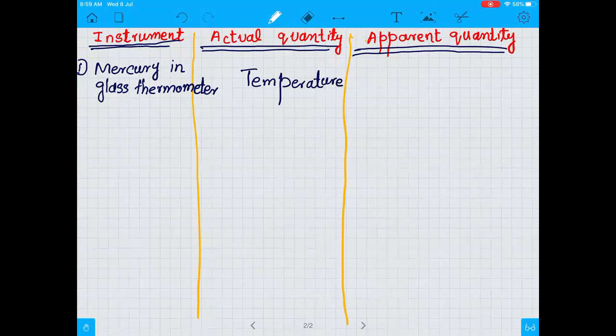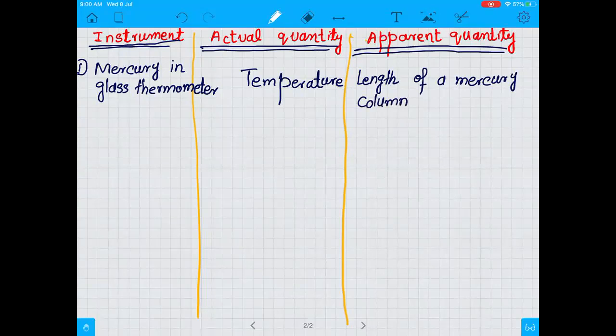And the apparent quantity through which it reads the temperature is the length of a mercury column.